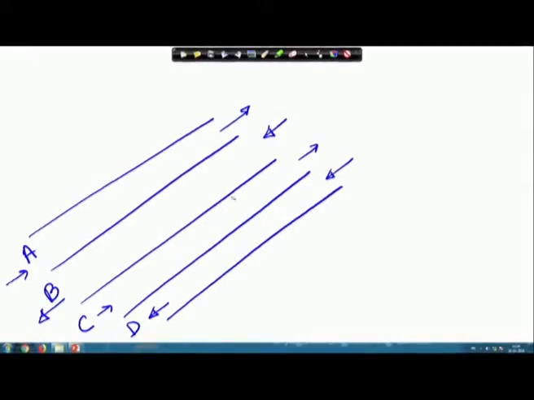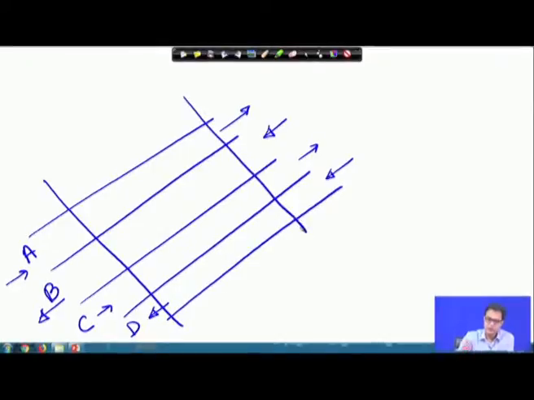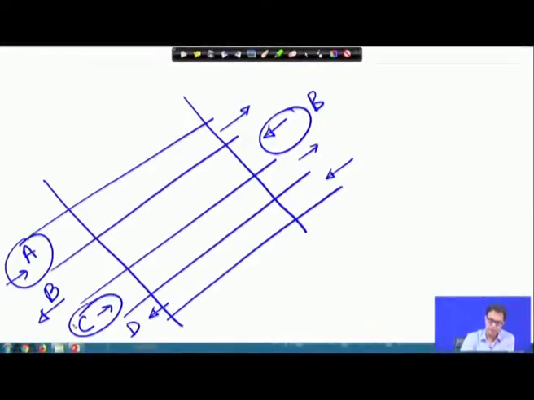Now, to solve these equations, what we have with us is the heat exchanger geometry, and what is known is the inlet temperature of all these fluid streams. This is fluid stream B, this is fluid stream C, inlet is known, and this is fluid stream D, inlet is known.